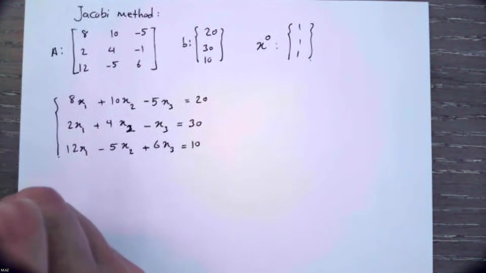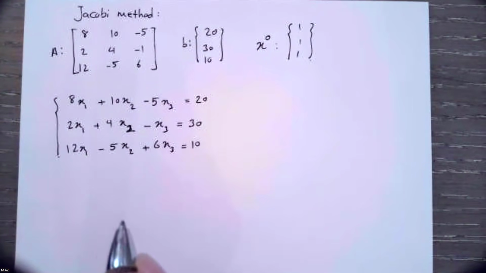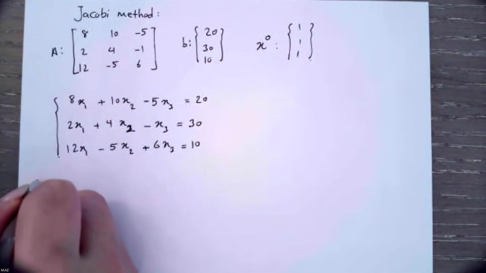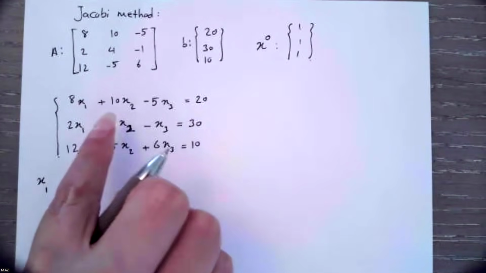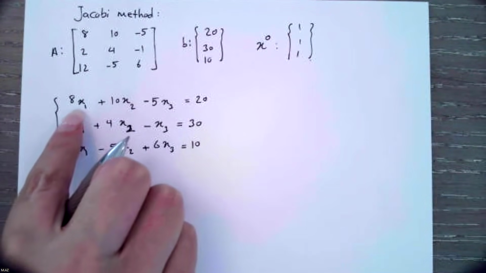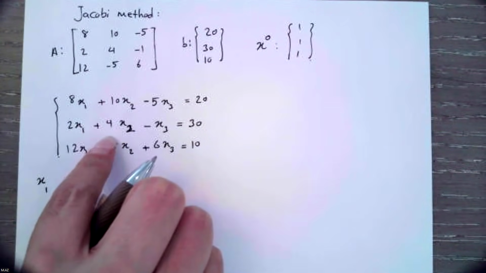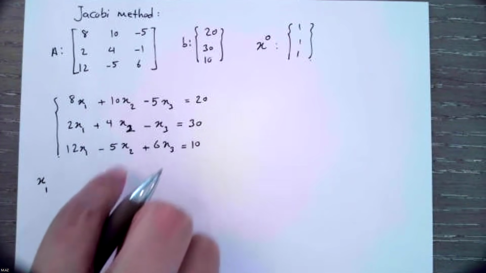Now for the Jacobi method, we rewrite it. From equation 1, we find the value of x1. From equation 2, we can find the value of x2, and so on.